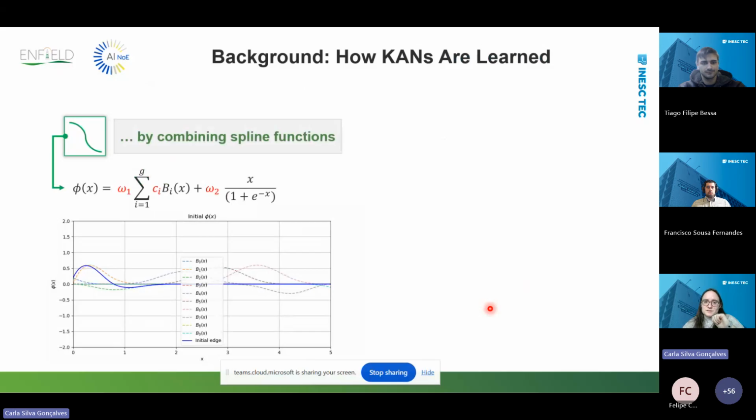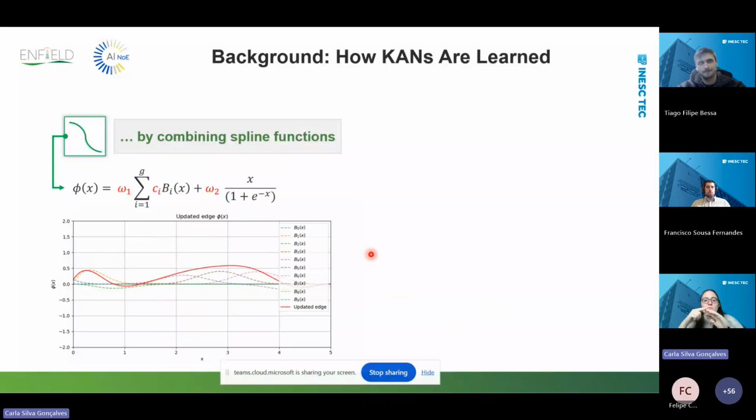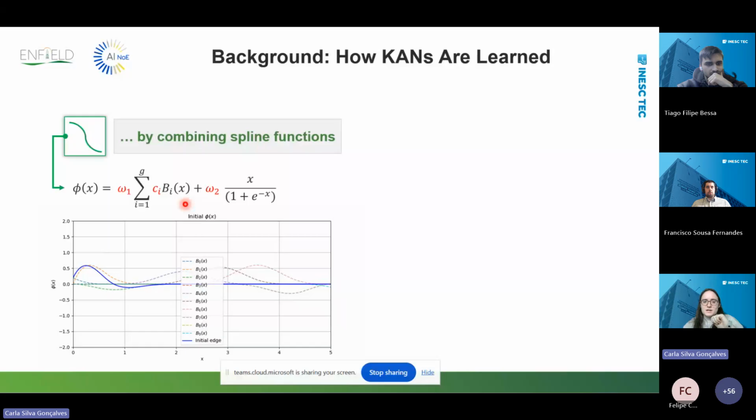How do we learn the KAN? First we need to fix the spline family that we want to use. Usually we use the B-splines, but it could be polynomial splines. Polynomial splines is basically x power 2, x power 3, etc. And then after fitting these splines, we also need to learn coefficients to multiply these splines.